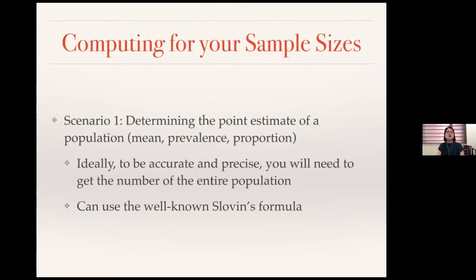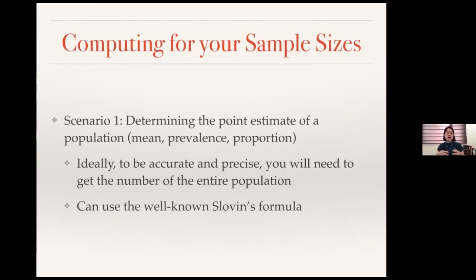No? So I'm sure a lot of you have heard of the Slovin's formula. The Slovin's formula was devised for social science research, like when they do surveys, like, you know, the usual SWS poll, wherein they say out of 1,200 adult Filipinos, ano ang feeling nila kay Duterte ngayon, no?